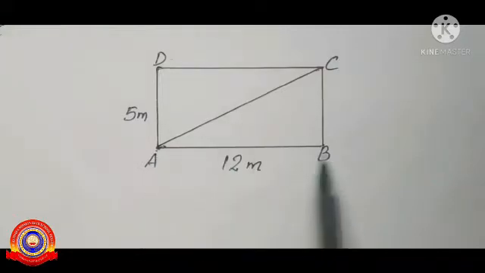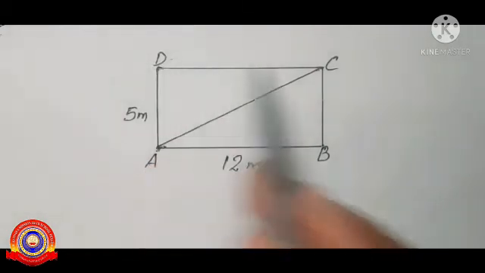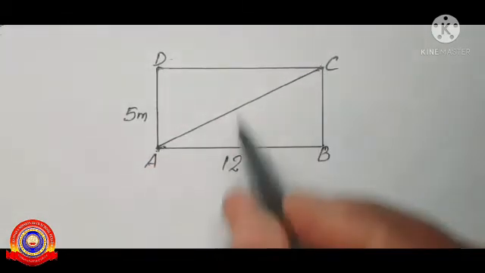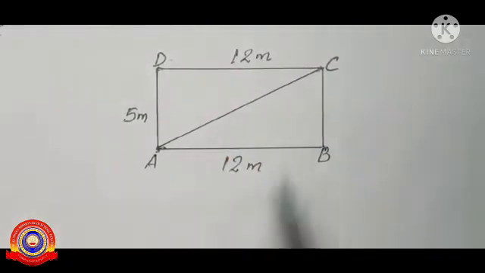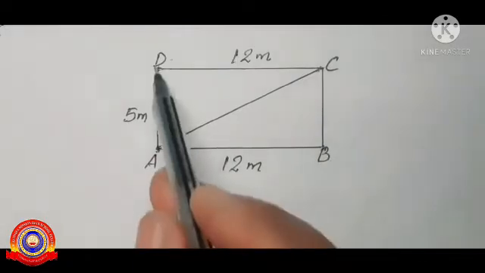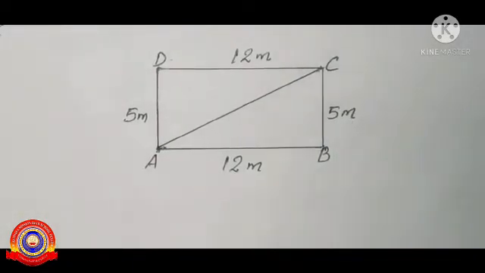Students, here ABCD is a rectangle. We know that the opposite sides of a rectangle are equal. So AB equal to CD, which is equal to 12 meter, and BC equal to AD, which is equal to 5 meter.